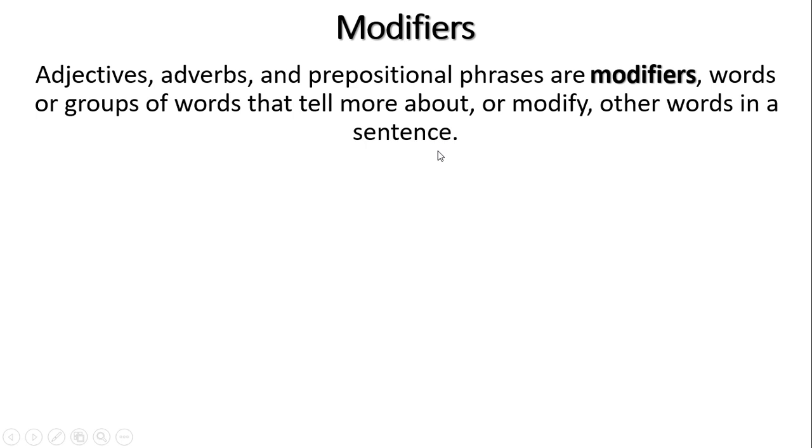So what that means is they would enhance the word a little bit, to give the word a little bit more detail. How many are we talking about? What color? When did something happen? Where did something happen? These would be examples of modifiers. And the three modifiers that we've been studying up until this point are adjectives, adverbs, and prepositional phrases.